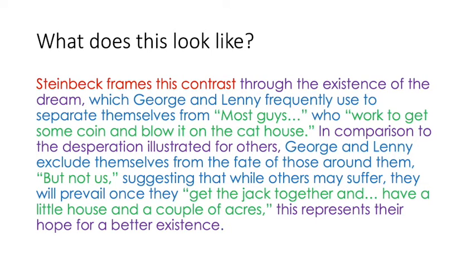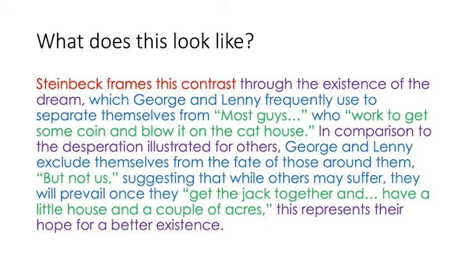Next sentence. "In comparison to the desperation illustrated for others." Notice that part of the sentence doesn't mention anything that happens in the story. It's a commentary beyond the story. The fact that I'm suggesting there's desperation in the story is my interpretation of it that I'm showing. Then I link it to the story.